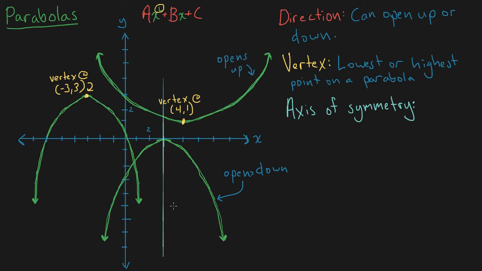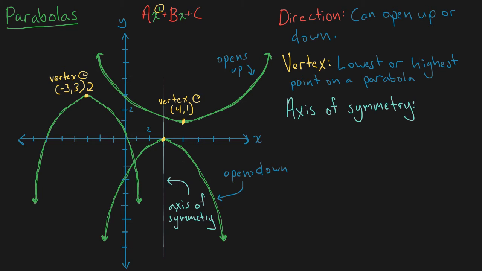So this is the axis of symmetry for this parabola. Every parabola has an axis of symmetry, and you might notice that the axis of symmetry always goes right through the vertex. That's the vertex there, and the axis of symmetry is what divides the parabola in half.